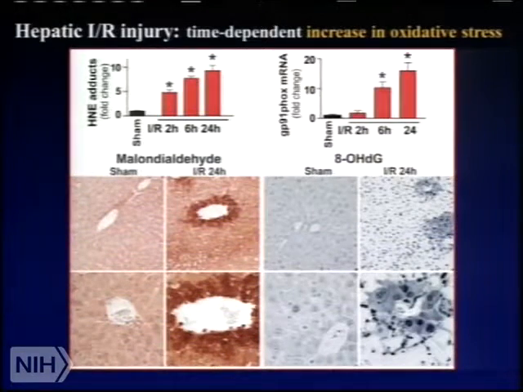And this is visualized here. This is normal liver stained with a lipid peroxidation sensitive marker. You see a marked increase of lipid peroxidation 24 hours after reperfusion injury. This is a marker of oxidative DNA injury, and this is in the nuclei.